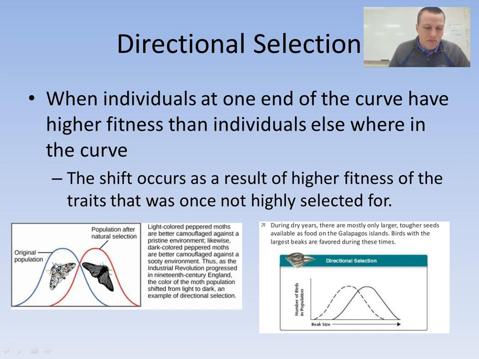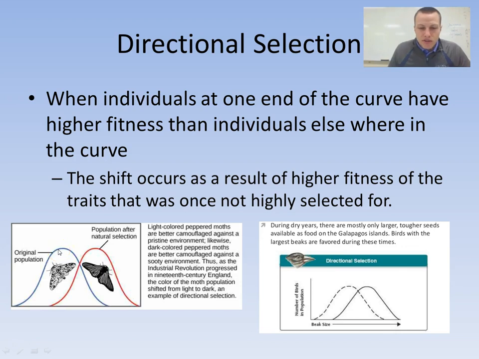A lot of carbon was being given off into the environment, and what used to be favored was this peppered moth here. You can see the little spots, and on one end might have been this darker colored, and on the other end might have been this really light colored moth. But the original population favored this peppered mix of both black and white.